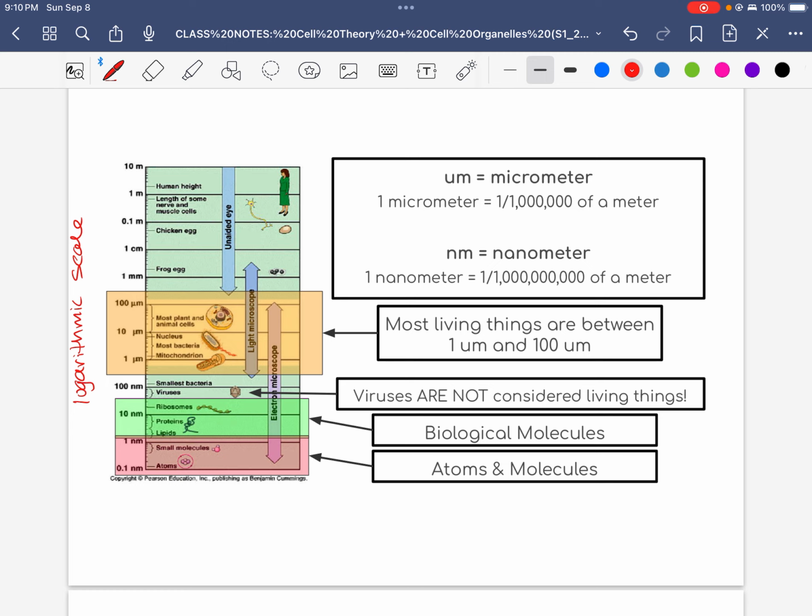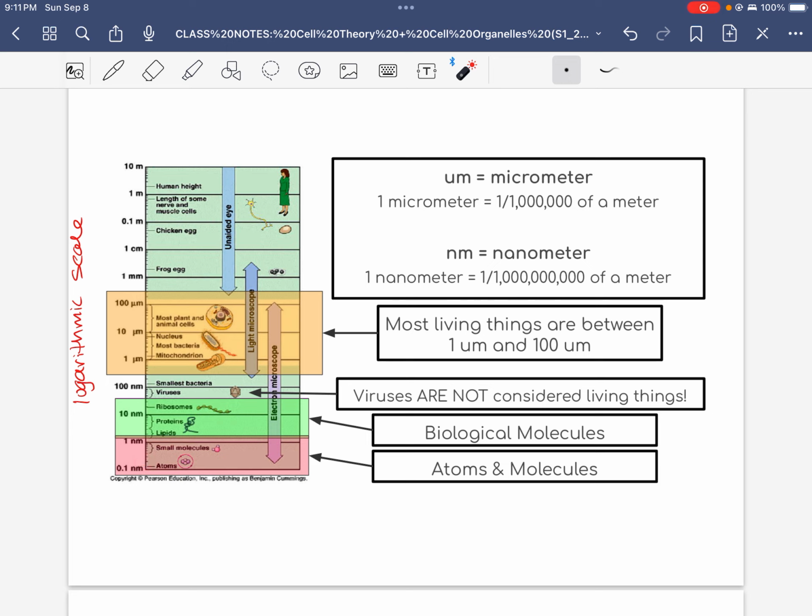Down at the bottom here, we find atoms and small molecules. They're between 0.1 and 1 nanometer in size. It's very, very small.